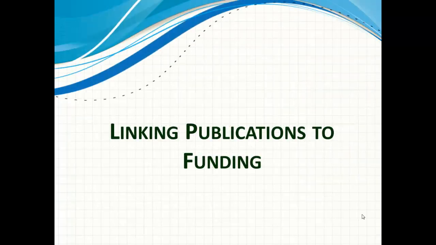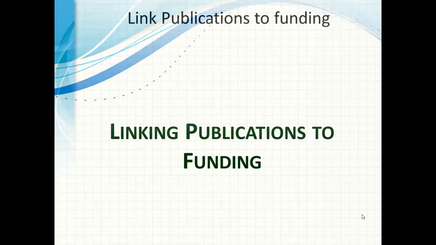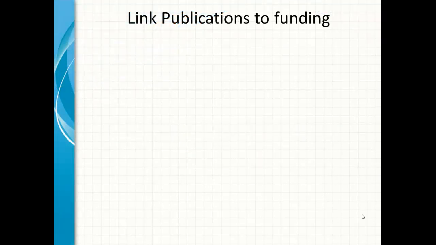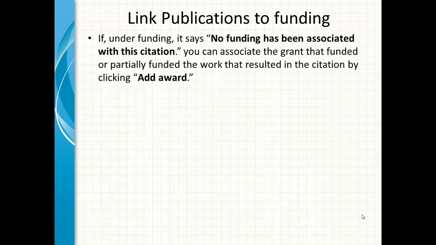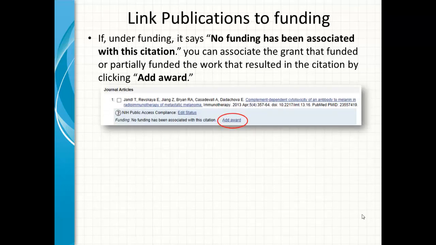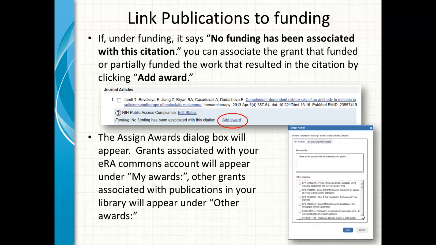Linking publications to funding. If under funding it says no funding has been associated with this citation, as you can see here, you can associate the grant that funded or partially funded the work that resulted in the citation by clicking Add Award. The Assign Awards dialog box will appear.